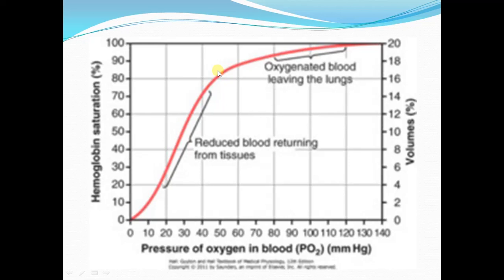Or we can say that at high partial pressure of oxygen, hemoglobin binds with oxygen, meaning the affinity of hemoglobin to bind with oxygen is more, while at low partial pressure of oxygen there is decreased saturation of hemoglobin with oxygen, meaning the affinity of hemoglobin to bind with oxygen is low.